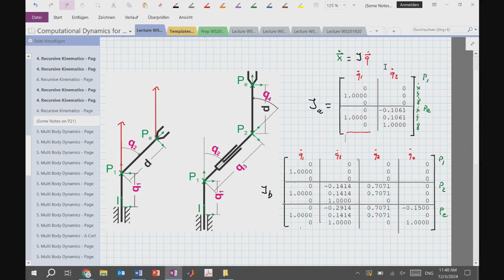If I now assume a unit rotation about joint Q2 and set Q1 to 0, this joint here would be blocked. That joint would be moving with a unit rotational velocity of 1 radian per second, for example, if these are our units.